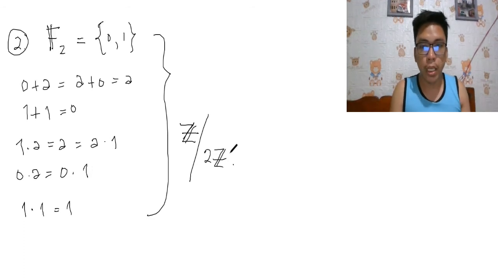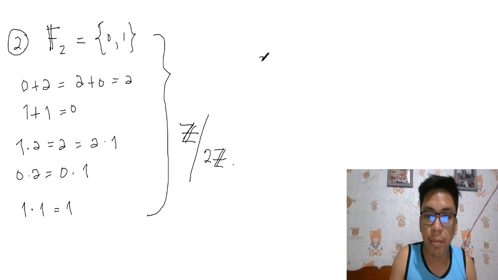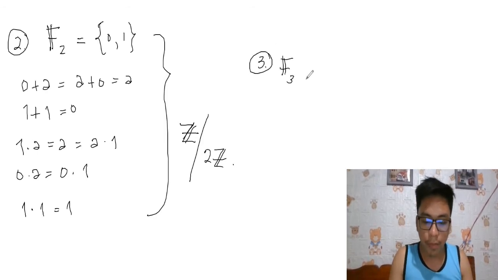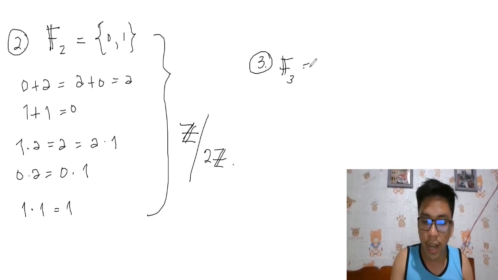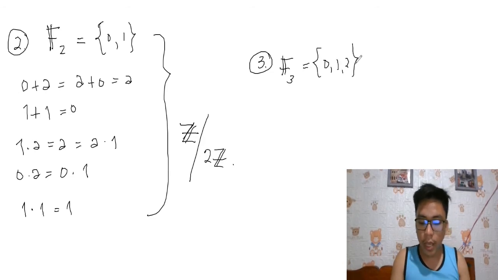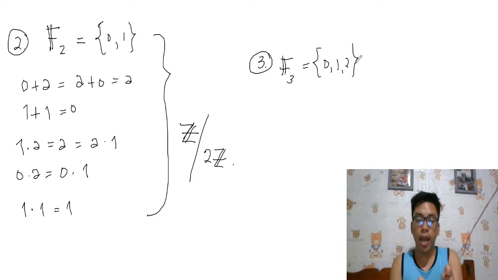Another example that we have to consider, aside from F2, is F3. So F3 is a finite field with three elements. The elements here are 0, 1, and 2. The key here is that every non-zero element of F3 has an inverse.